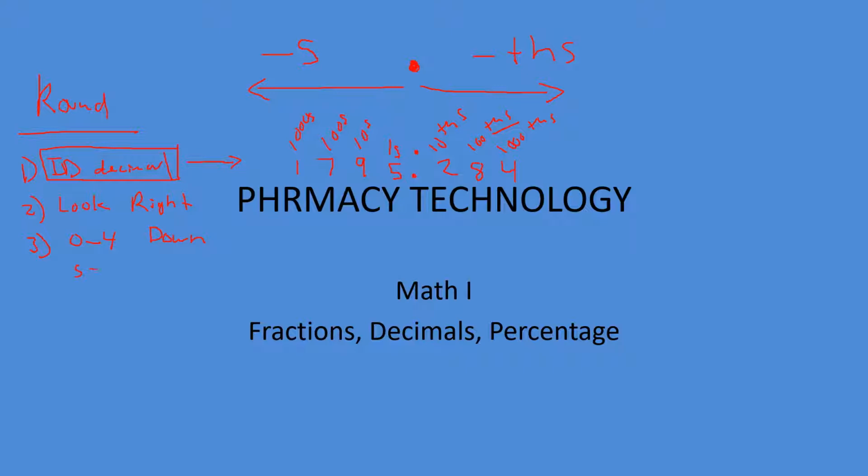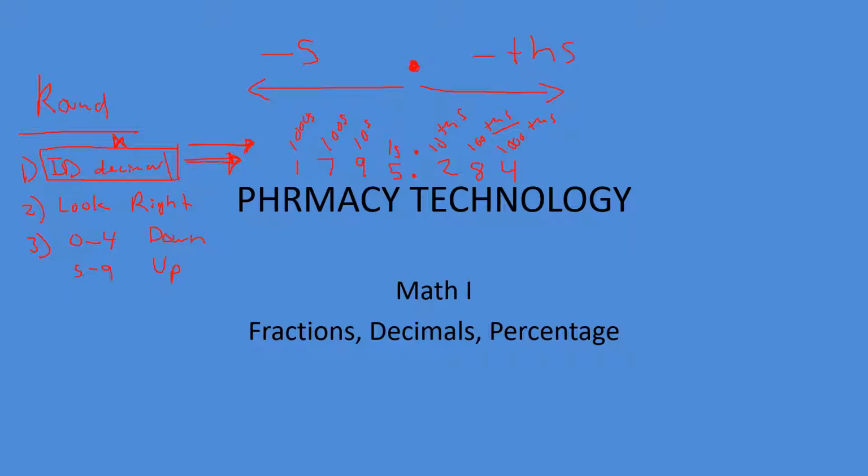If it's 5 through 9, we round up. That means this number goes up by 1, and everything after it becomes a 0.